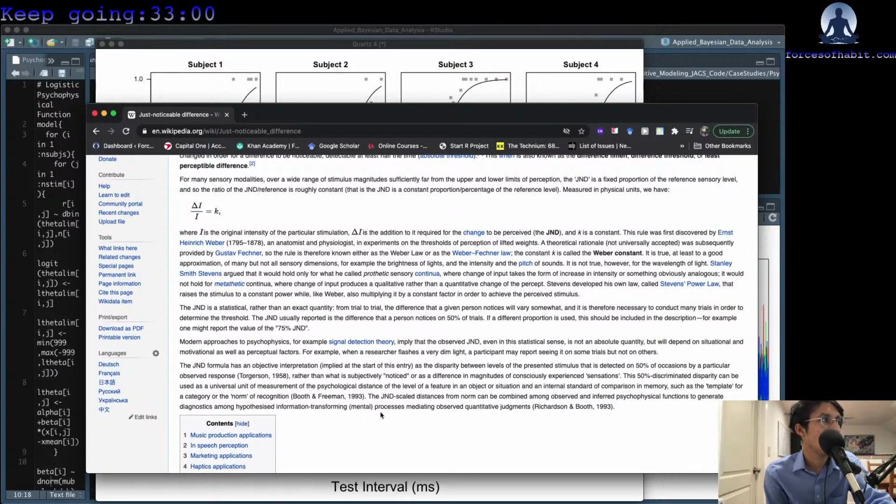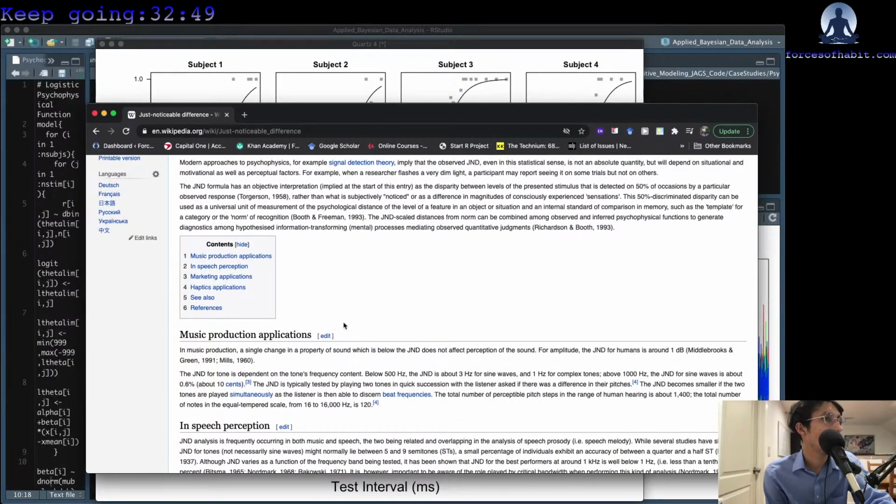So just noticeable differences can vary as a function of the task type or sensory domain we're interested in. In this case, we're talking about sound.